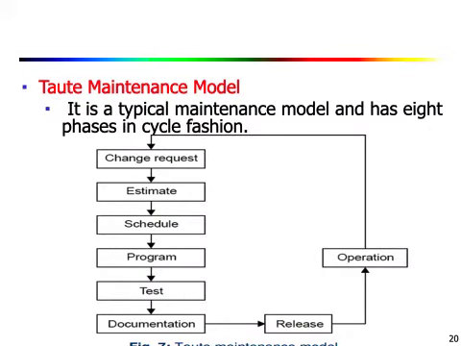Then you have the Taute maintenance model, a typical maintenance model that has 8 phases and goes in a cyclic fashion.